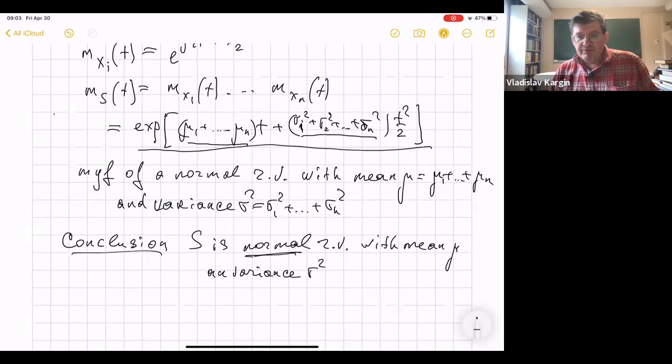The mean and variance can be calculated easily for the sum even if it's not normal, but here it is a normal random variable.